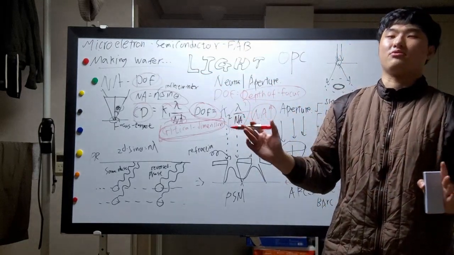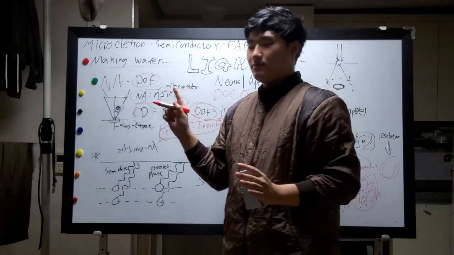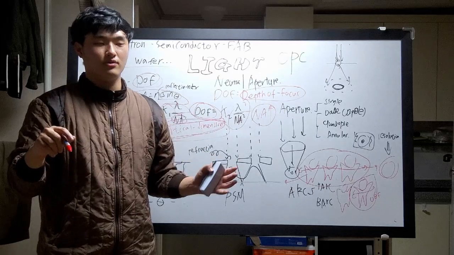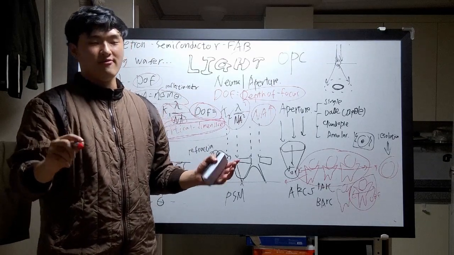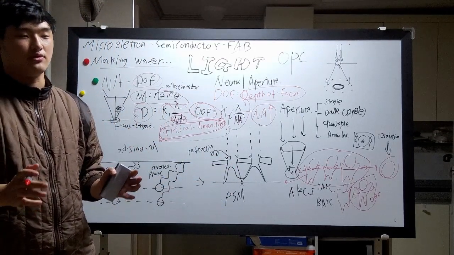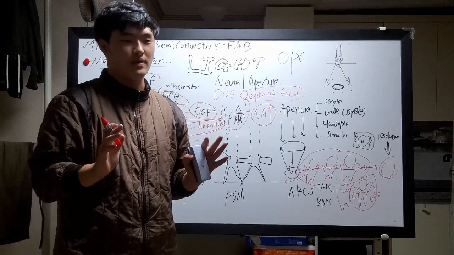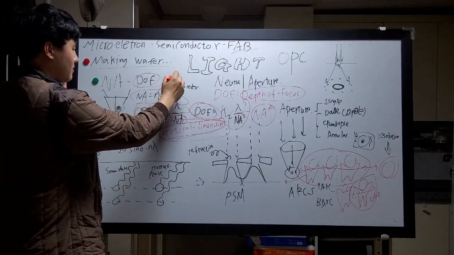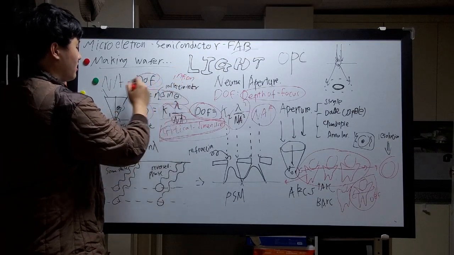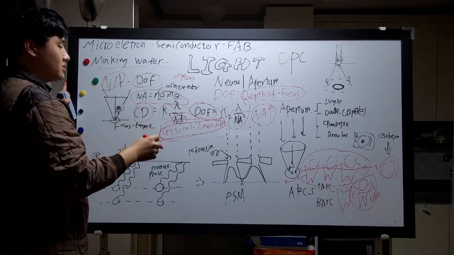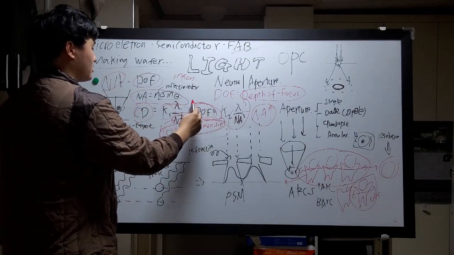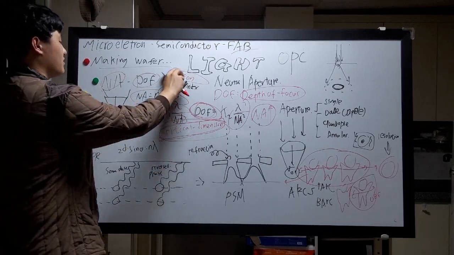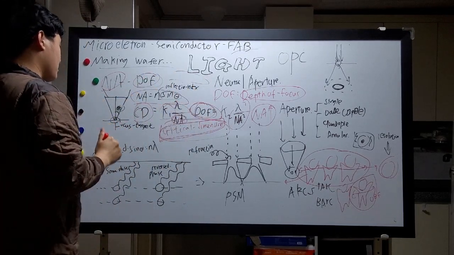But here are some problems. First, if we need somewhat larger patterns, not very small ones, then the time will be more expended than we expected. And secondly, since the intensity is very strong at a higher numerical aperture and lower depth of focus, we don't know how the result will come out.